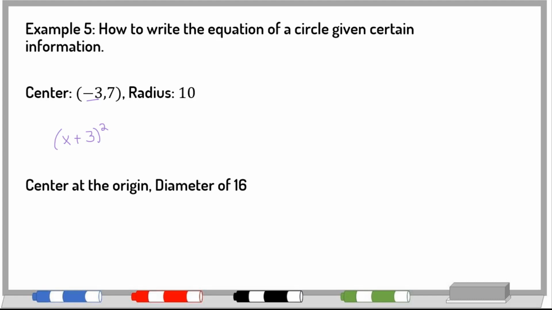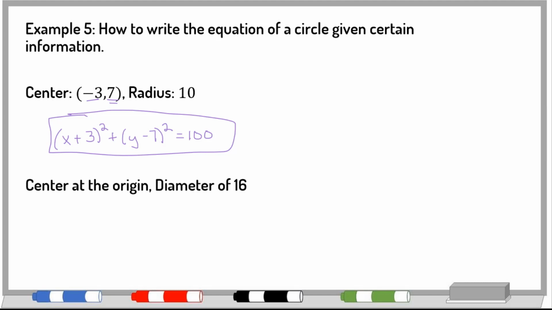So when I do x minus -3, it turns into +3. Then I'm going to do y minus 7, because it's y minus k, and this is k. And that equals our radius squared. So 10 squared is 100. So that would be the standard form of that circle.